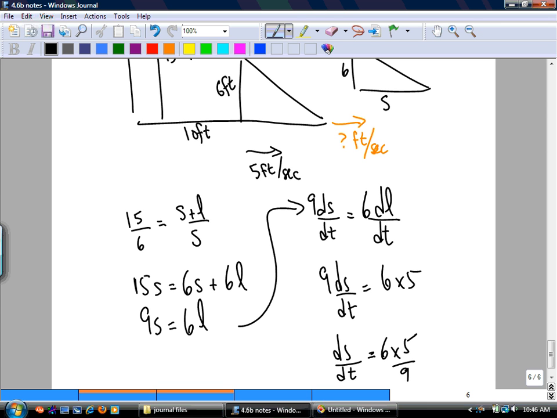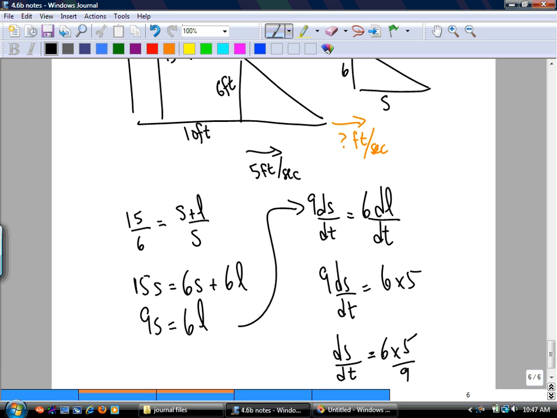6 times 5 is 30. 30 over 9 feet per second. So it's increasing at a linear rate depending on how tall you are. Isn't that cool?